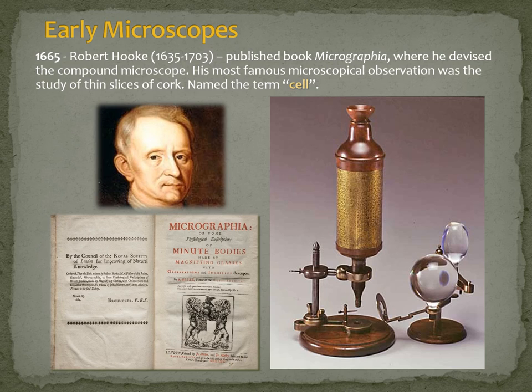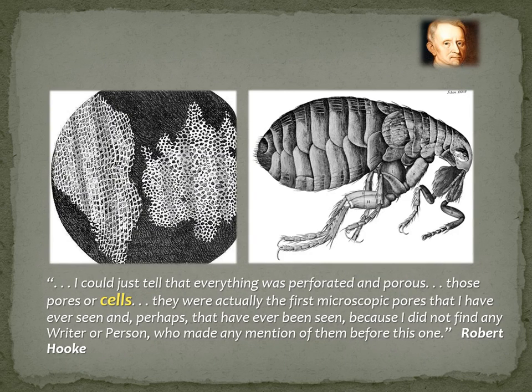He observed insects, and he described many structures, but he really became famous because he coined the term cell, published in his famous book called Micrographia. In that book you can read that when he was observing slices of cork, he noticed that everything was perforated and porous, and those pores he called cells, a term that stayed up until today.